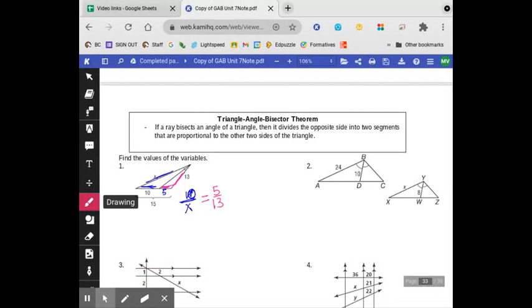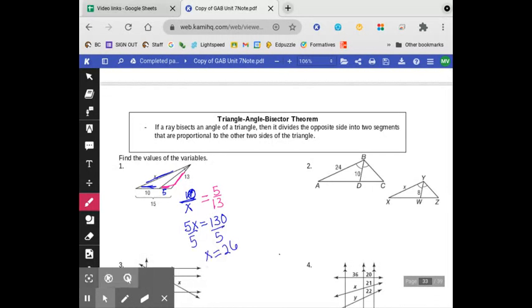So to solve that, I cross multiply, so I get 5x equals 130. So we divide, x equals 26. So here, when we look at these, we know that these 2 triangles are similar because they're both formed by angle bisectors. So we can write the proportion that 24 is to X, as 10 is to 8.